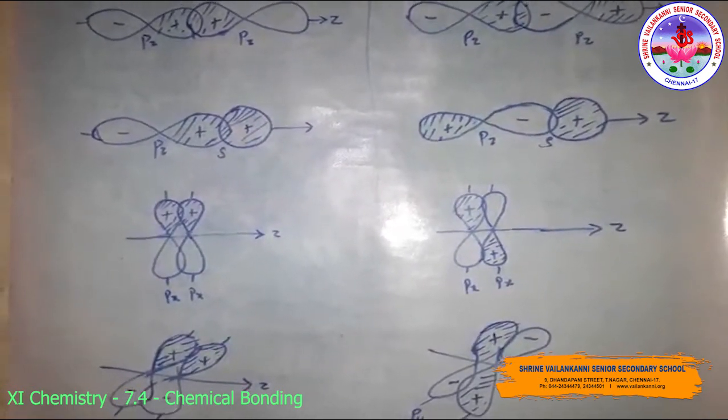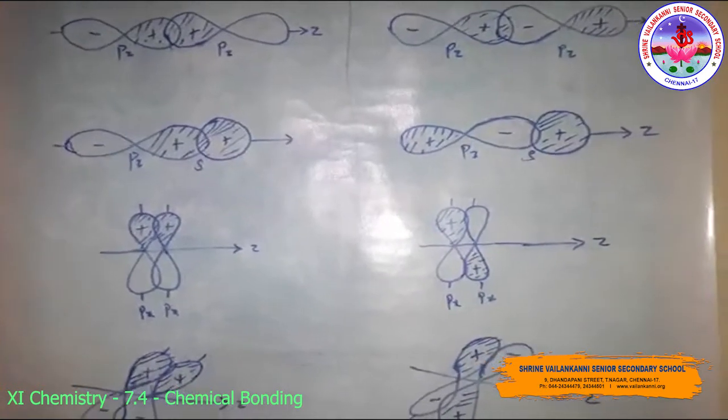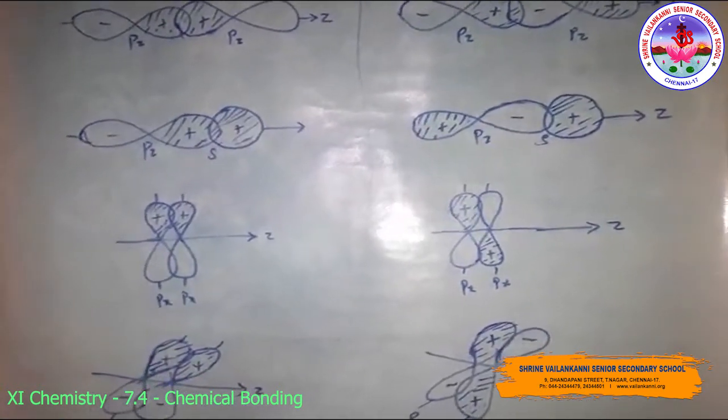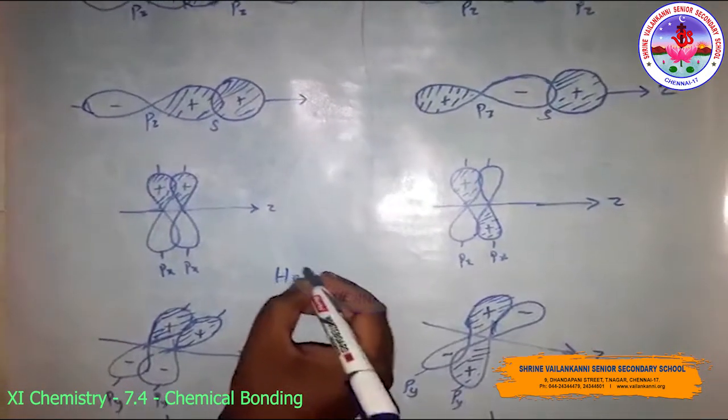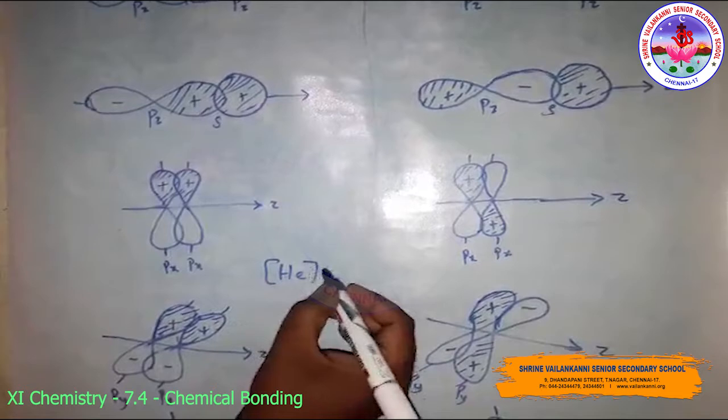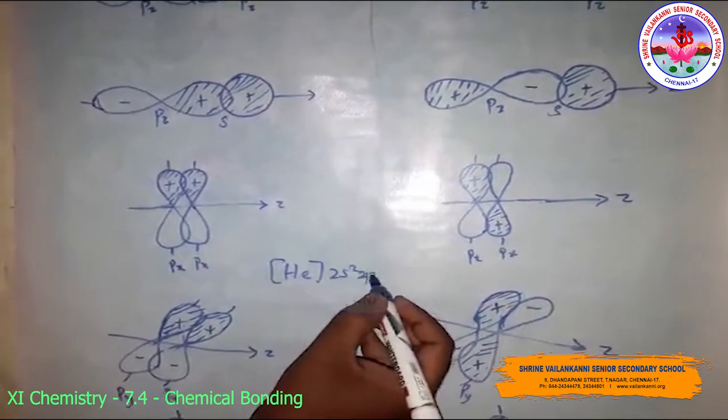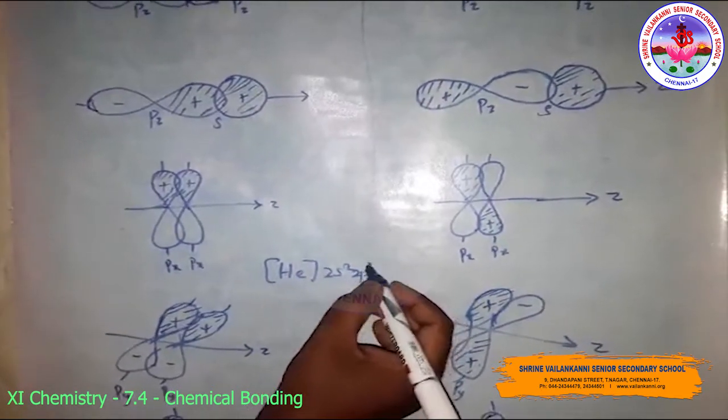What is the electronic configuration of carbon in the ground state? We can simply write it as helium 2s2 2p2.